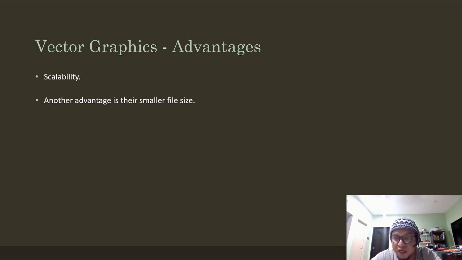Another one is that vector graphics generally have a small file size because they only store a small number of points and the mathematical relationship between them. Those relationships are expressed in code, which is less memory intensive compared to storing pixels.